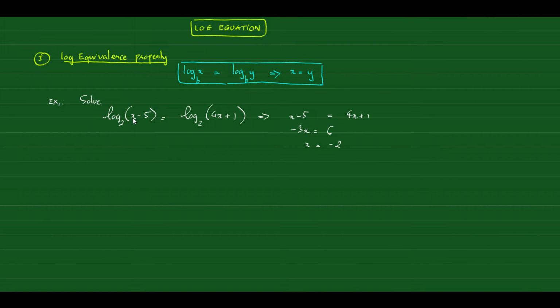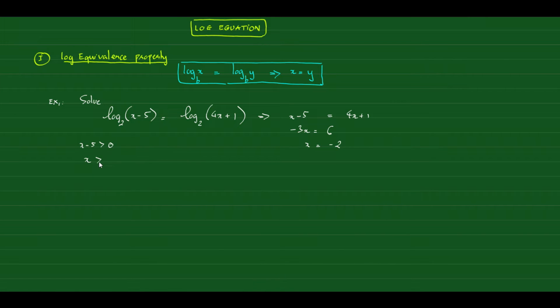Okay, and we have to go back and check it. You see that x equals negative 2, so negative 2 minus 5 is negative 7. Over here is log base 2 of negative 7, and over here, log base 2 of 4x plus 1 is also negative 7. But log base 2 of negative 7, can we calculate it? No, because the argument must be greater than 0.